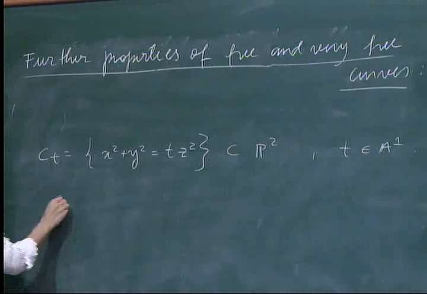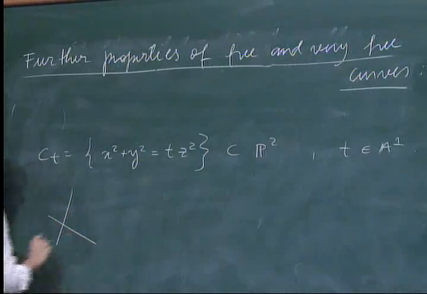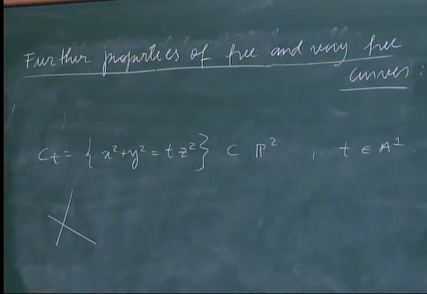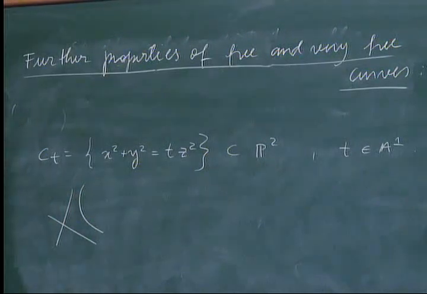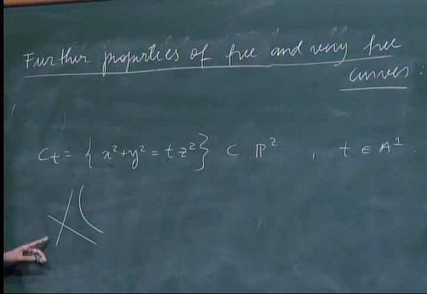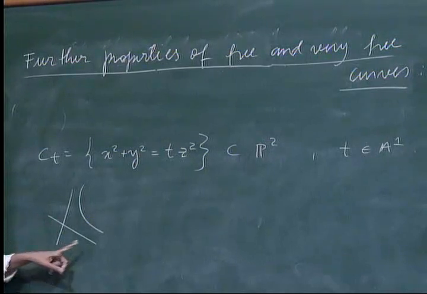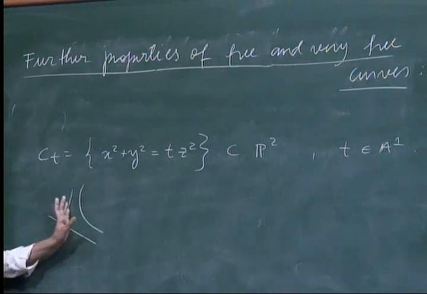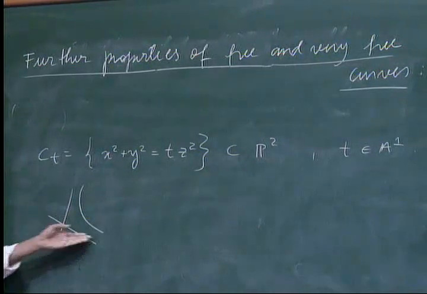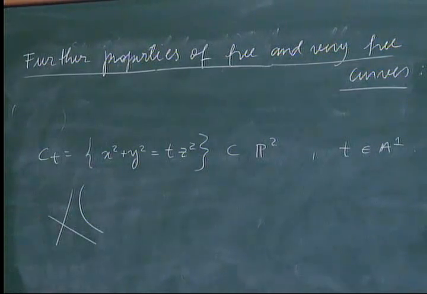And we see that for t equals 0, we have a union of two lines, and for t different from 0, we have a smooth conic. So sometimes it is important to start with a reducible curve and be able to smooth it into an irreducible, smooth, rational curve.